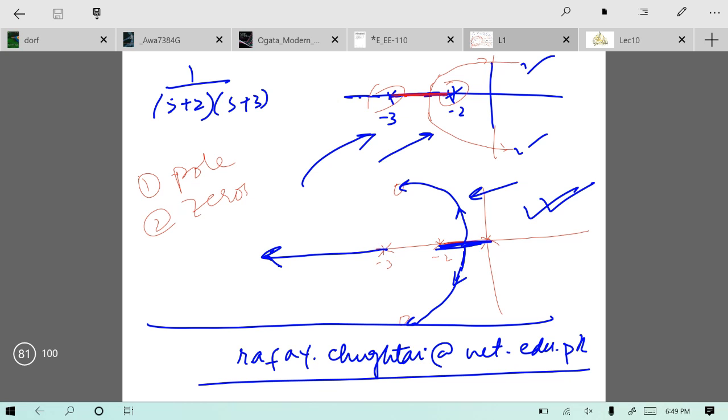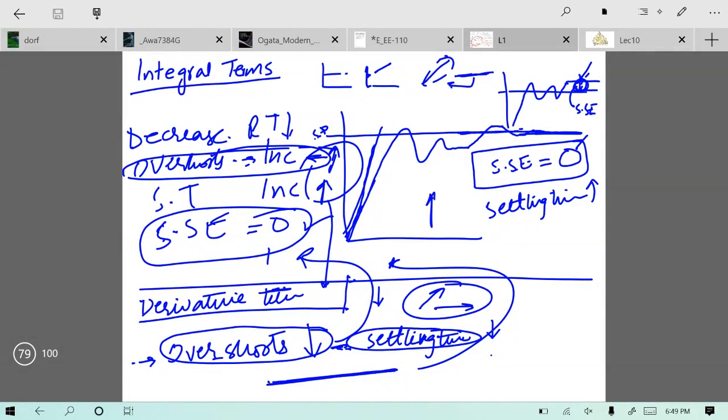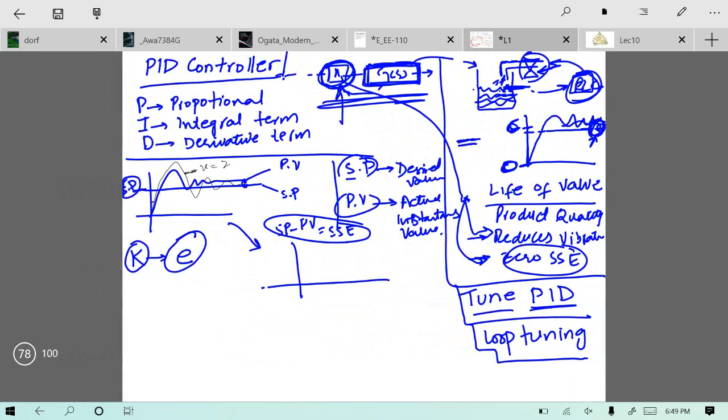However, still in case of any confusion, you can ask me, or you can take help from the web for the actual responses of your system, such kind of responses.